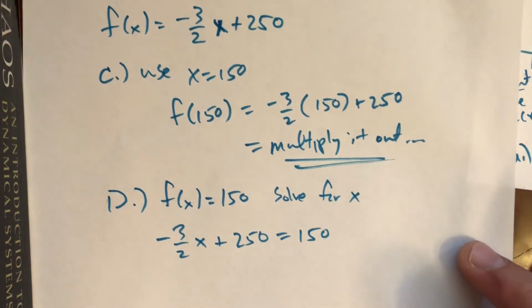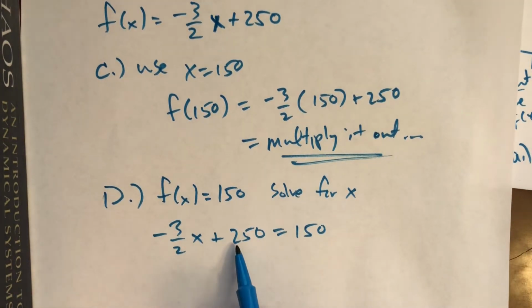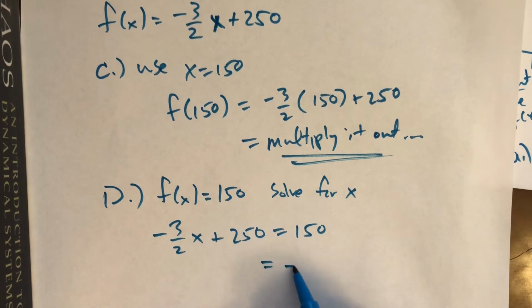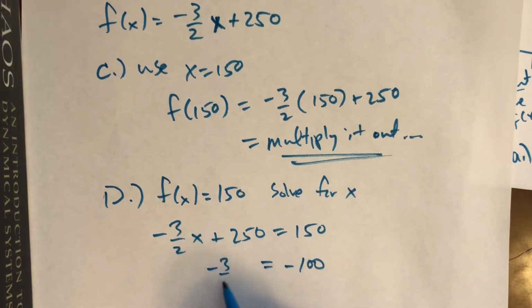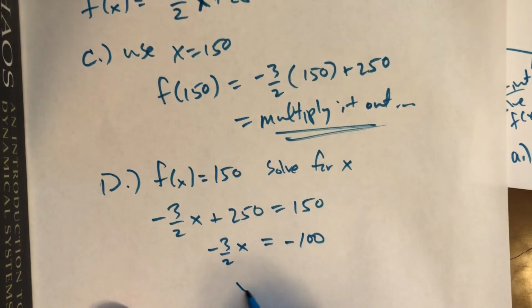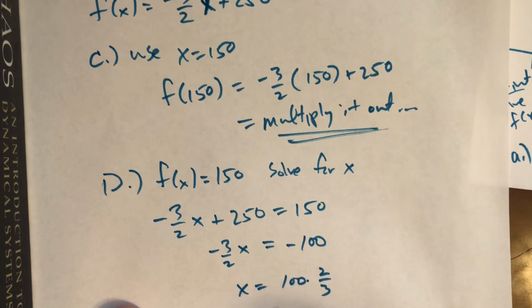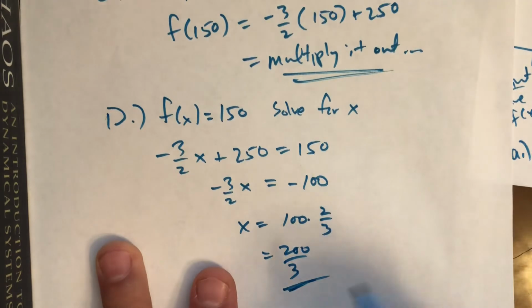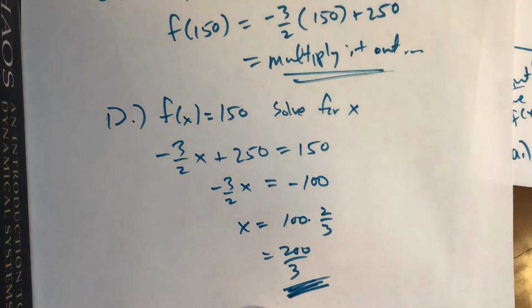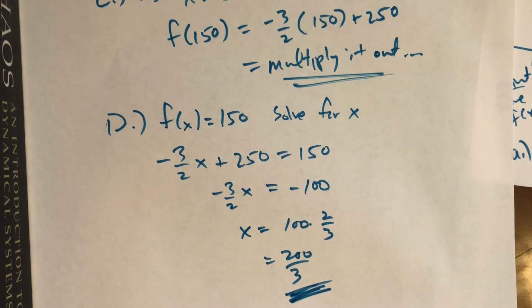We would subtract 250 from both sides, and we would get negative 100 equals negative 3 halves X. And then X would be equal to 100 times 2/3. So that's 200 over 3. So that's how many units we would sell. Supposedly, that should be our weekly sales if we drop the system's price down to 150 bucks.